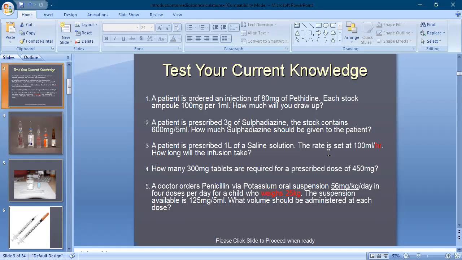The flow rate equals volume divided by time. The flow rate is set at 100 ml per hour. Flow rate tells you how long you have to infuse.